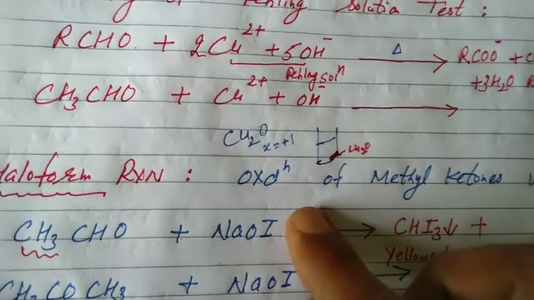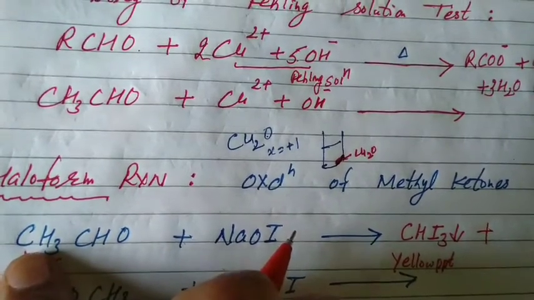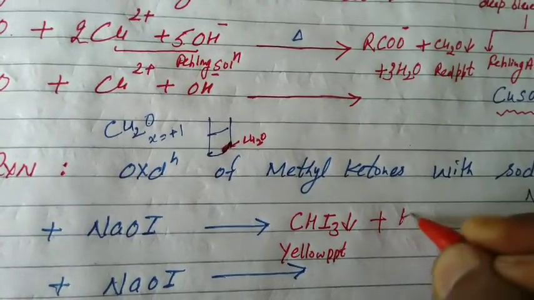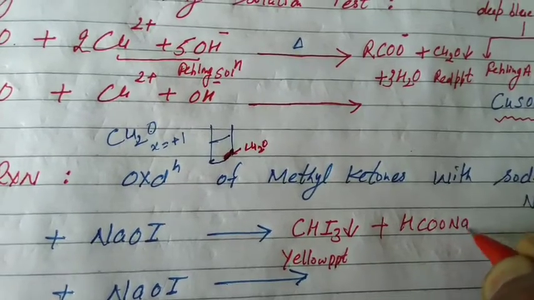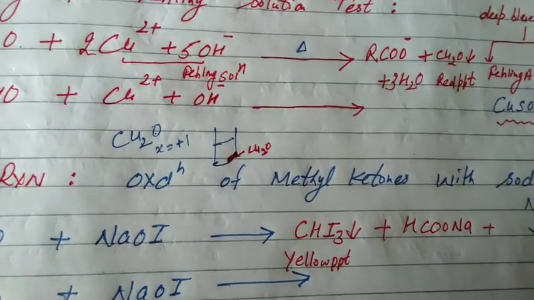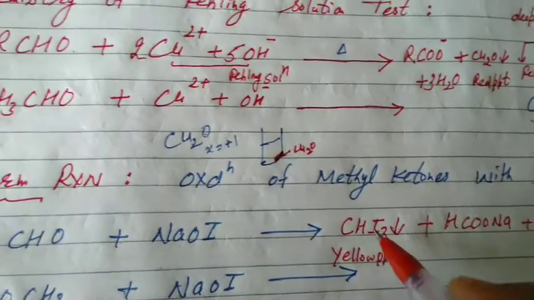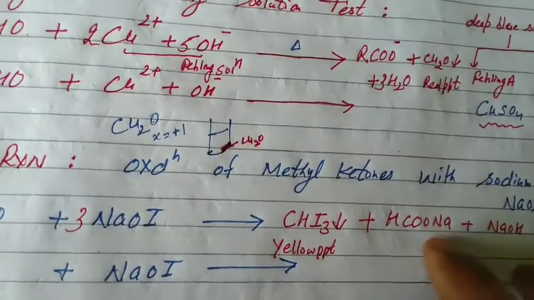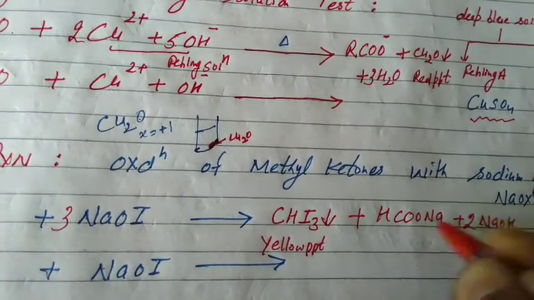It is again oxidation of the carbonyl compound. It will form iodoform, and the rest will oxidize to HCOONa, that is sodium formate, plus NaOH. To balance, 3 iodine, 3 times CHI3, HCOONa, 3 sodium means 2 NaOH, 2 and 1, 3 valence.